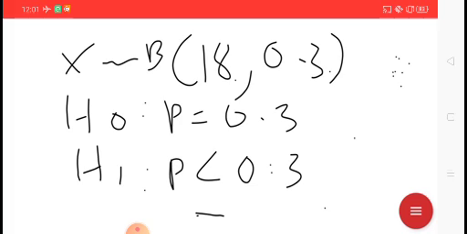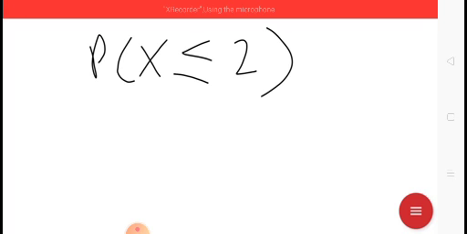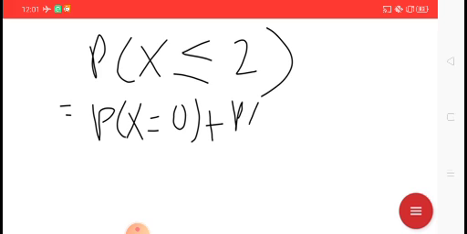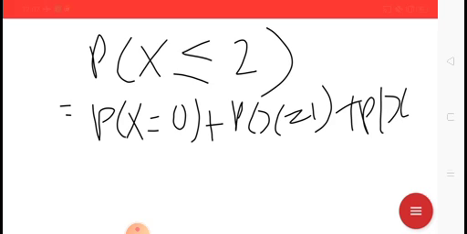Remember that for this you need to test the lower zone, the tail zone. So you need to find the probability of P(X ≤ 2), because you need to know the probability for this tail zone. This is equal to P(X = 0) plus P(X = 1) plus P(X = 2).